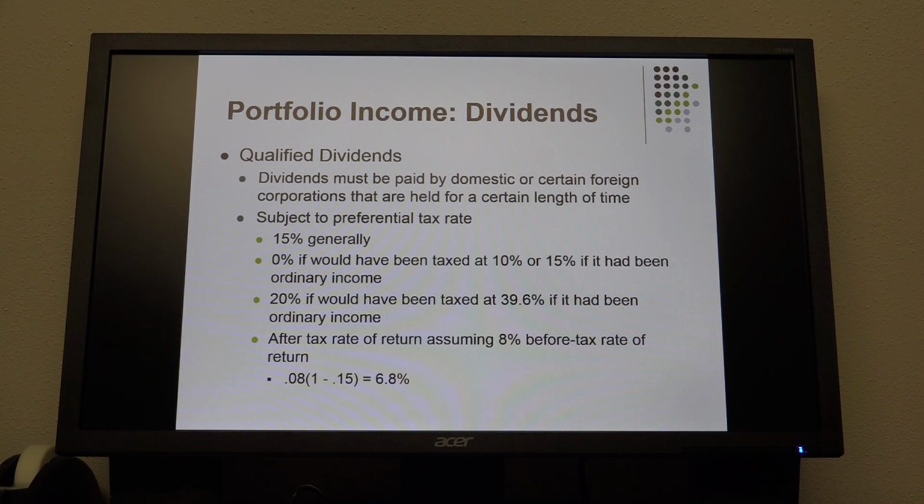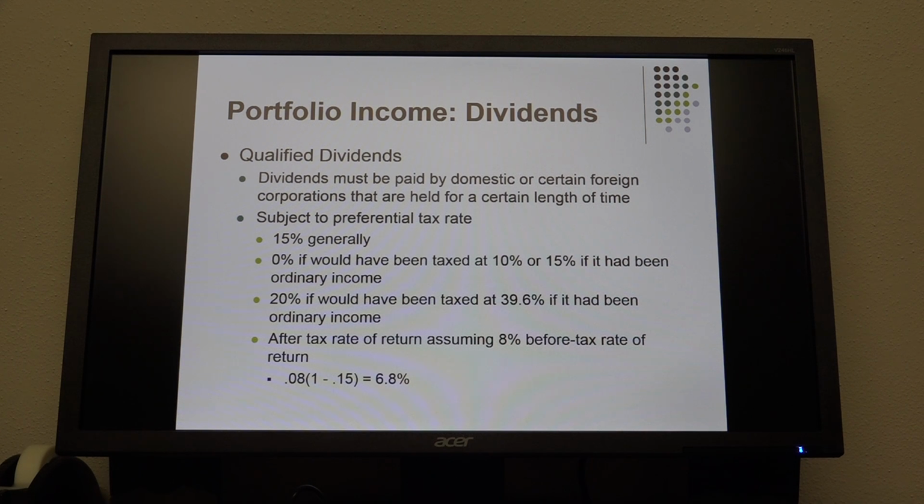So that's to help out lower income individuals. If you're a high-income individual taxed at a marginal rate of 39.6%, then you're going to be taxed on qualified dividends at a rate of 20%. But most people are going to fall within those middle ranges of ordinary income marginal tax rates.